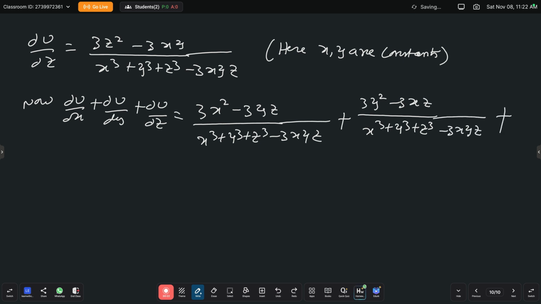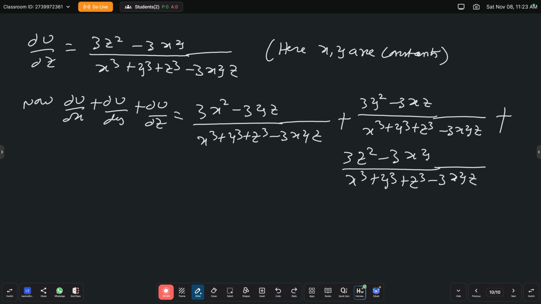And now the third variable ∂u/∂z, the value is (3z square minus 3xy) by (x cubed plus y cubed plus z cubed minus 3xyz).